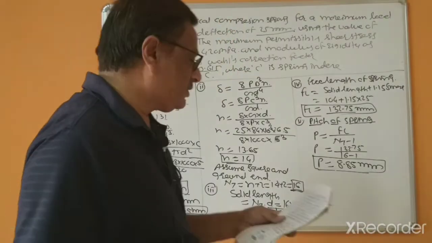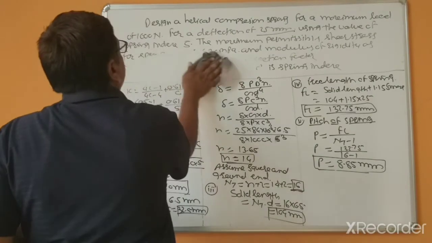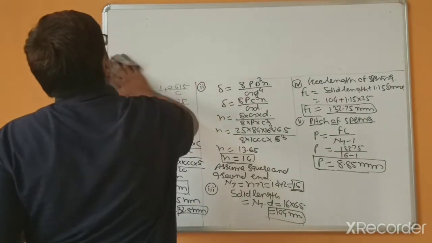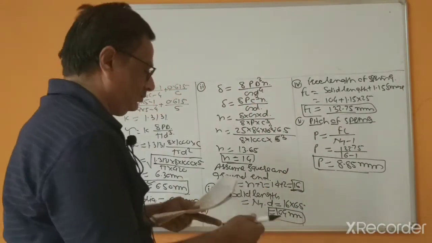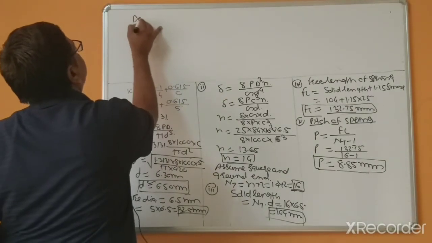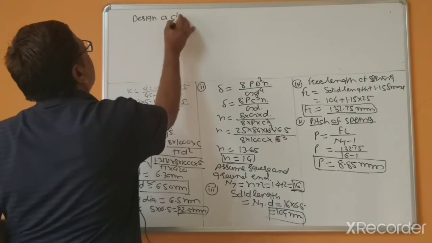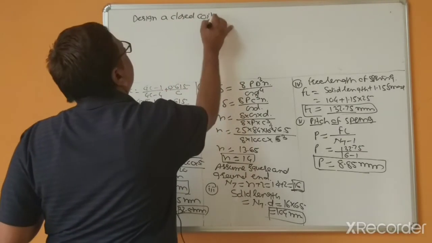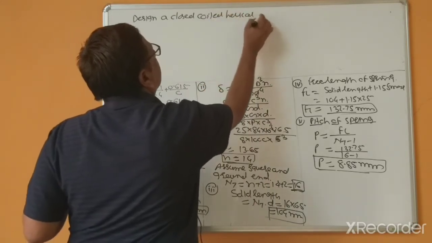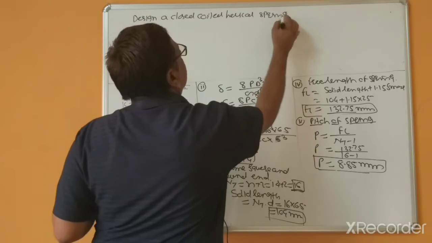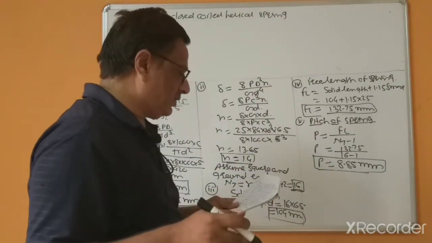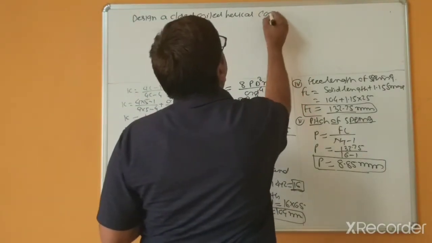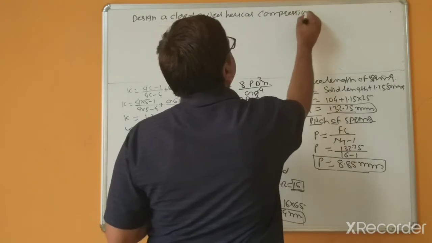So note down the next problem. Design a closed coiled helical spring. I am not wasting time because we have less time, because most of the lectures are completing your syllabus.